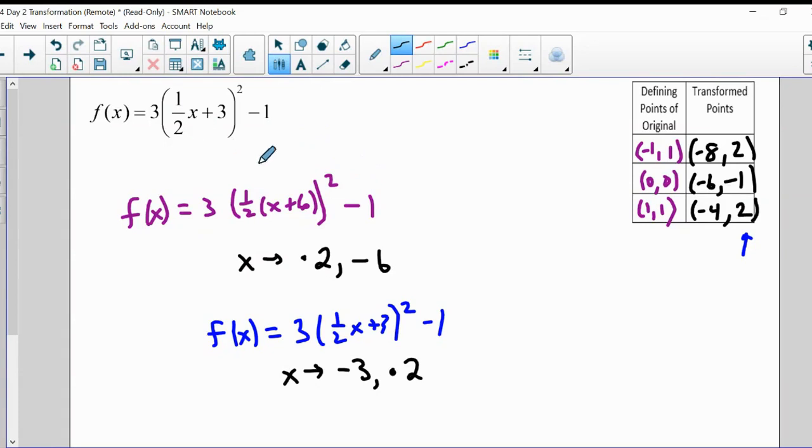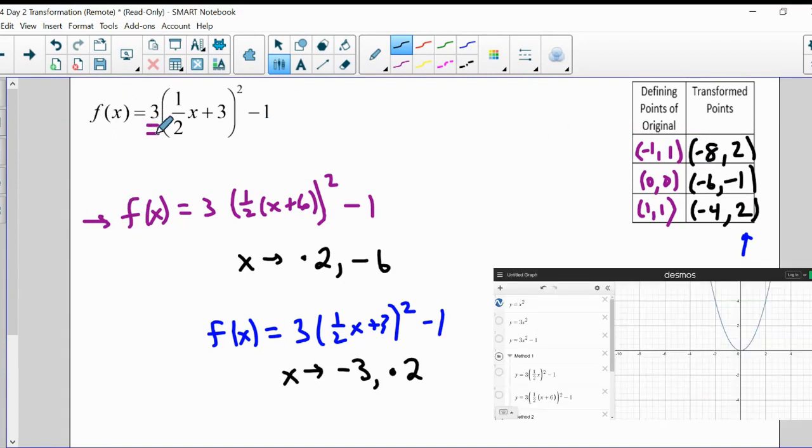One more example. We can use method 1, and the y values I'm going to assume we understand. We multiply by 3 and then subtract 1. So I'm not going to spend too much time on the y values.